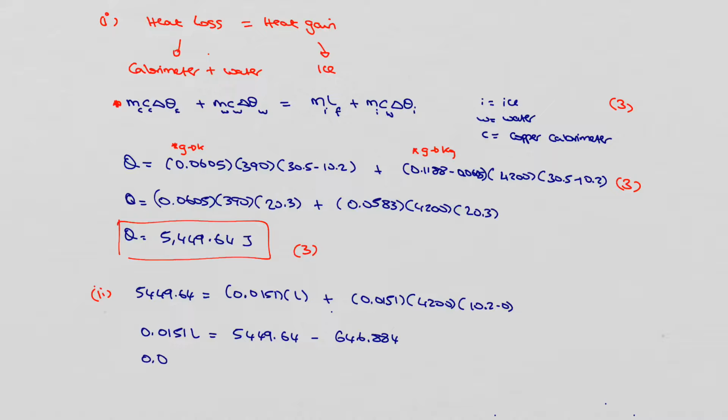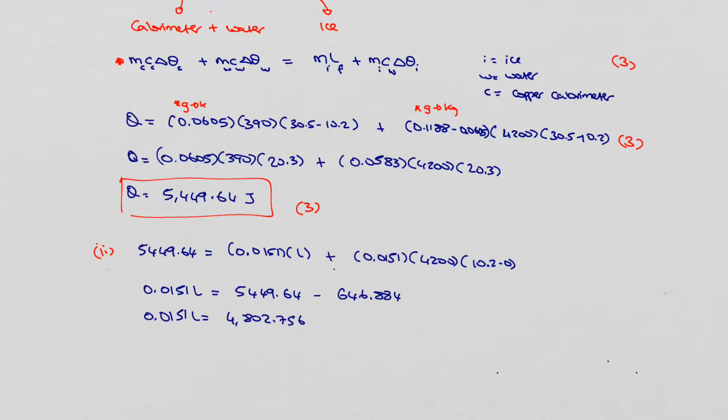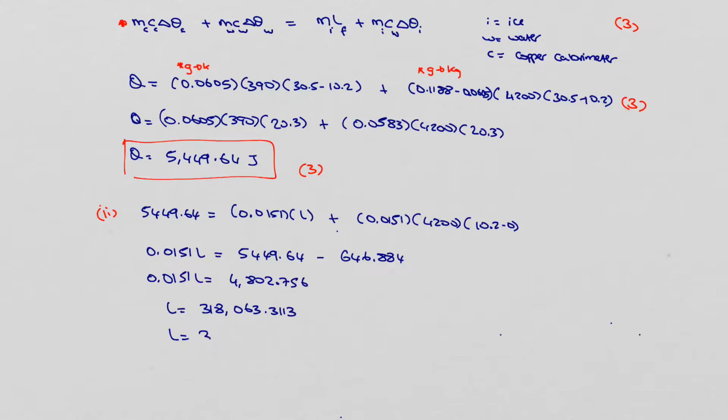And then if I subtract those, we end up with 4,802.756, and then divide across by 0.0151, and that gives us L is equal to 318,063.3113, or in other words, L is equal to 3.18 × 10^5, and of course we can't forget our units, joules per kilogram.